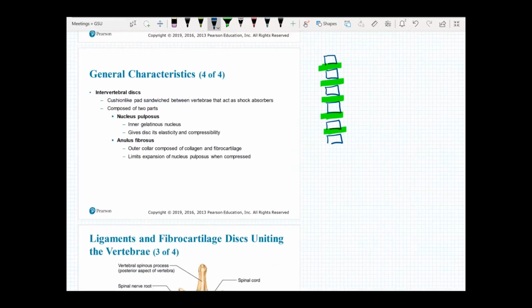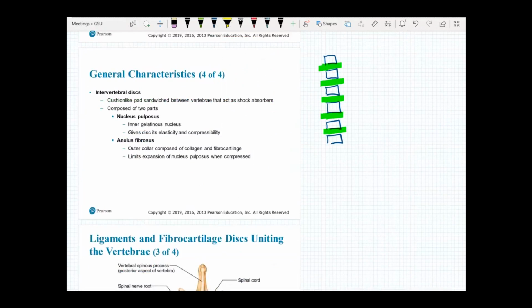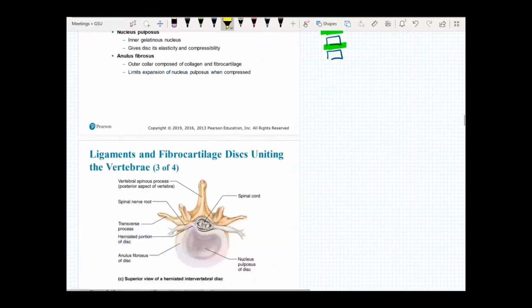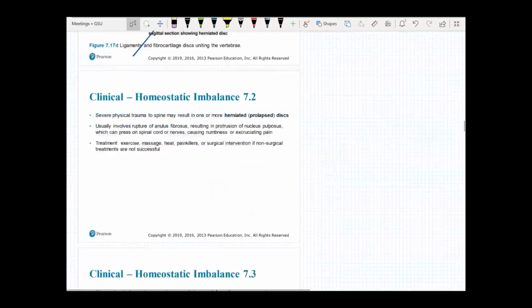So they are going to be cartilage that is cushioned between each section. And they are going to allow for cushioning for all of the impact between the vertebrae, to be shock absorbers. So that is what these are. We're not going to go into the specifics of each of these. I'm going to take these out.